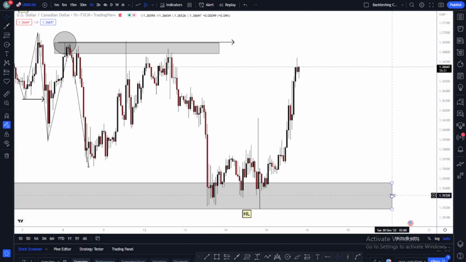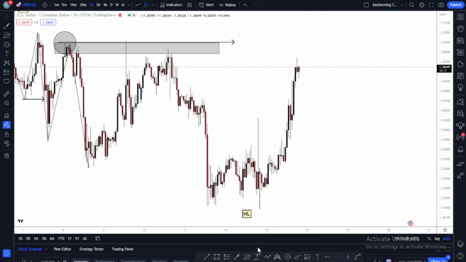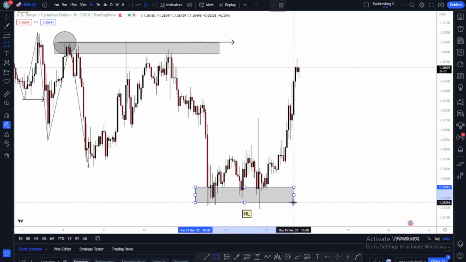Let me clear this box so it becomes clear for you. Okay, good. So when price came into that zone, which I just cleared, what did I do? I drew a box right here, from the body to its wick.